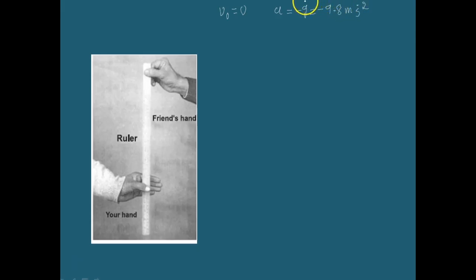The distance traveled d and the reaction time t are related by the equation d is equal to minus 1 by 2 g t square.